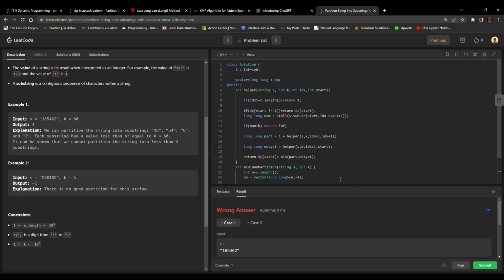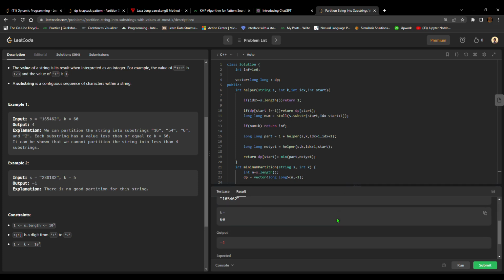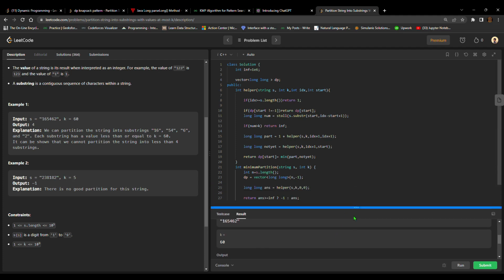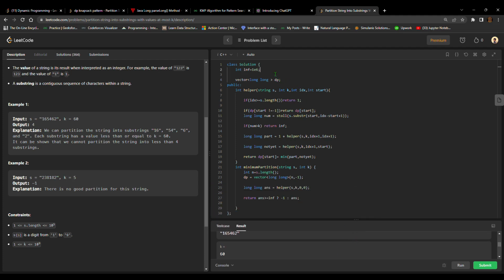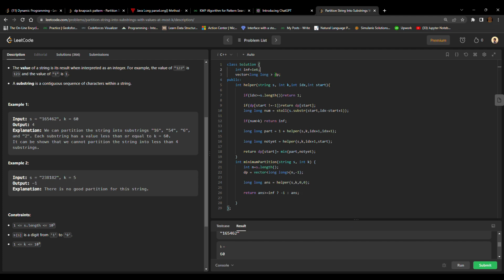Okay, okay. DP at start is equal to minimum. It again showed a -1. I think that is because of stoi. I think this is because, yeah, this is because we are in integer.